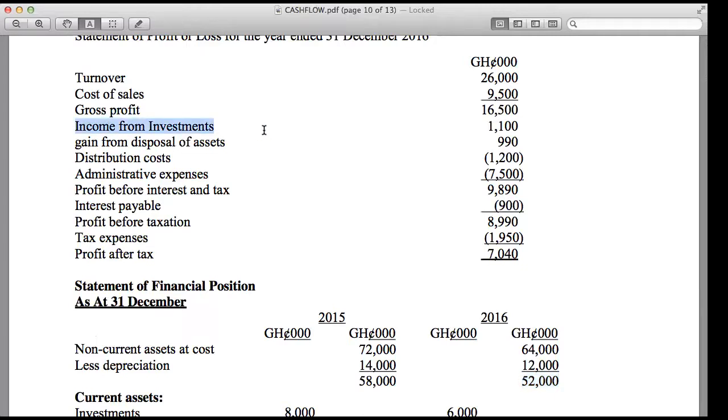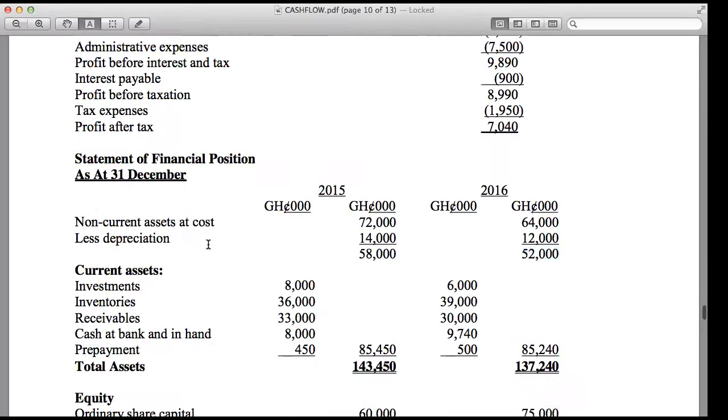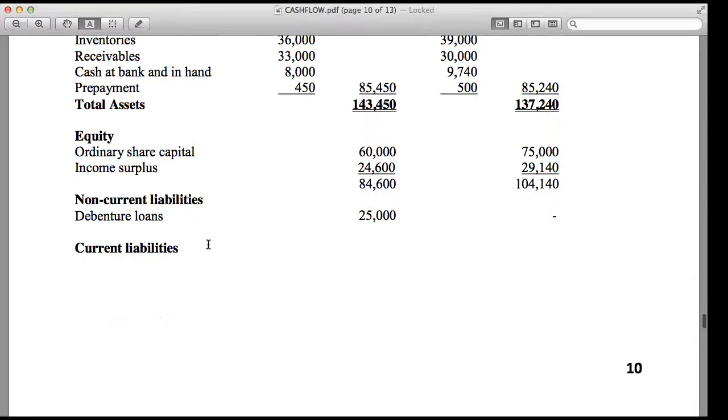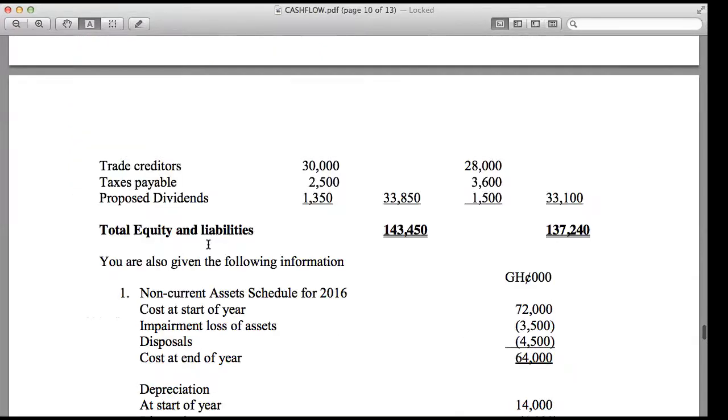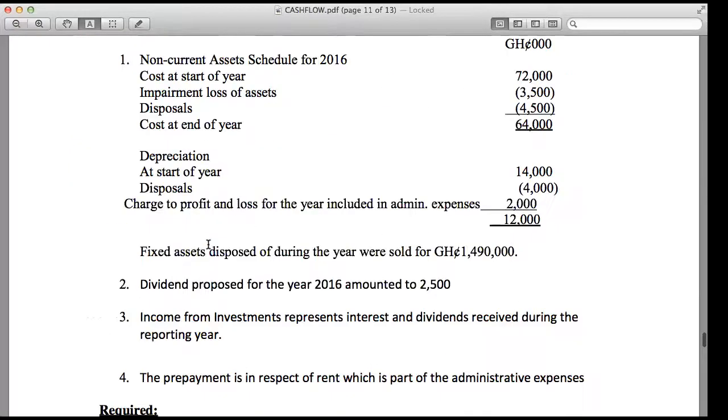That's 1,100. So they are saying that this 1,100 is as a result of dividend and interest received during the year. Once it has been received, we are going to add it to investing, but it is not an operating activity, so we will knock it down. Therefore, we have to reverse it.